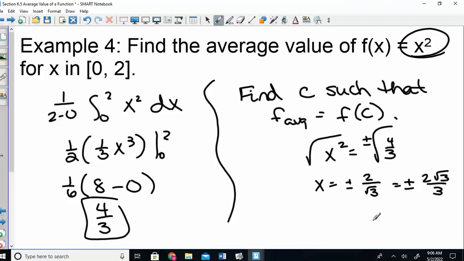Are both of those in my interval? Okay, so my final answer would just be the positive. So that's the point between 0 and 2 where the function equals the average value. Is this okay?